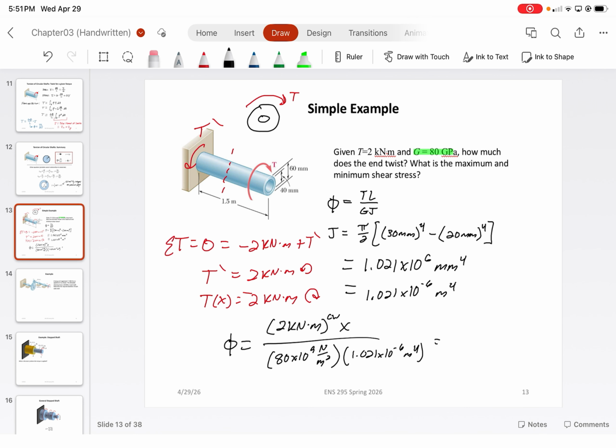Did I do that right? I'm just making sure. 2 kilonewton meters multiplied by 1,000 newtons per kilonewton, and then multiplied by x. Remember your units.